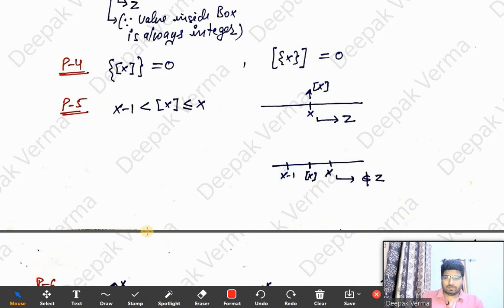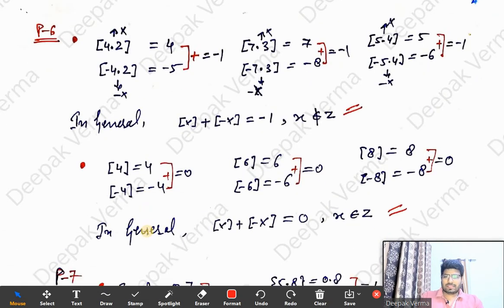Fair enough. Now the next property: what is the value of box 4.2? So here x is 4.2. The value of box 4.2 is, of course, 4. If I say what is box minus 4.2, this is of course minus 5, the integer just to the left of minus 4.2.